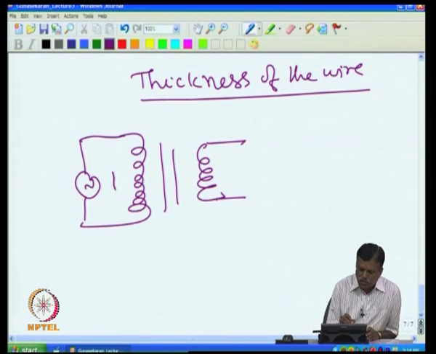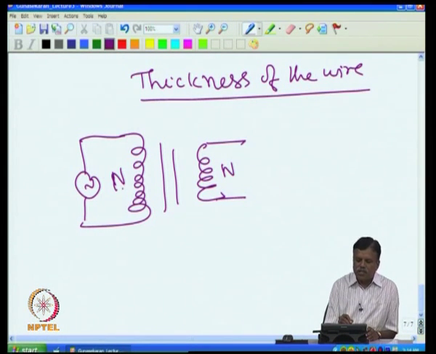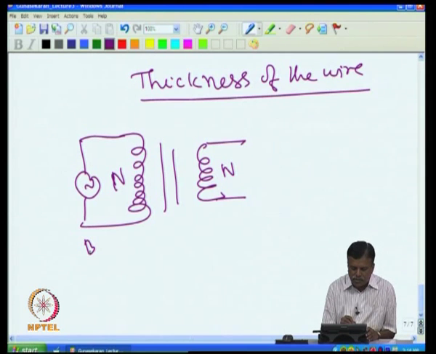Assume it is a 1:1 transformer. I have put N number of turns here, N number of turns is decided using this formula. Suppose the transformer is 1:1, then here also you will have N number of turns.